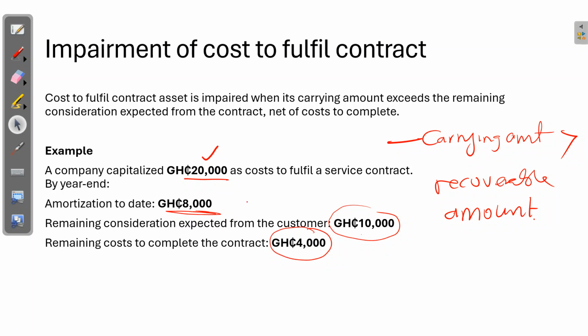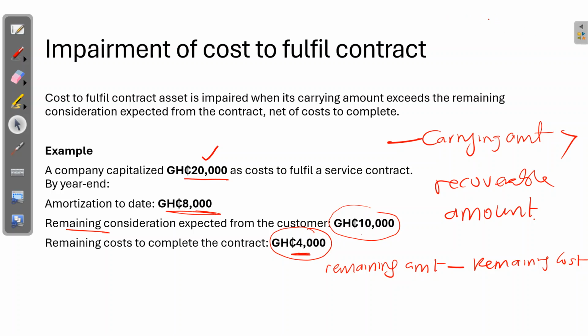Now, according to the standard, the recoverable amount is the remaining amount we are expecting, minus the remaining cost. So it's like you have undertaken the project, and the customer has made some payments.